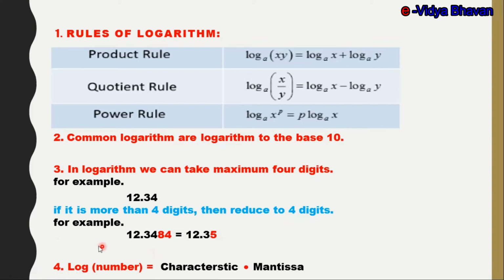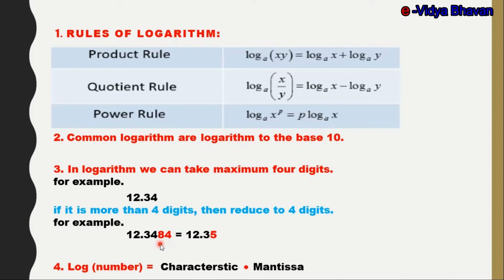For example, 12.3484. Here we are having 6 digits. Now if you see the first digit, second digit, third digit, fourth, fifth and sixth digit, let's see the sixth digit. Here the number is 4. Now 4 is less than 5, so we can directly neglect it.